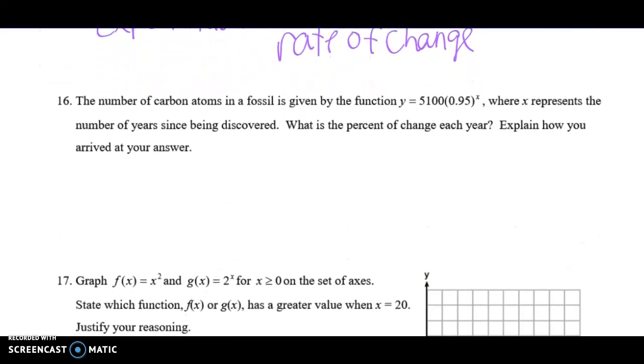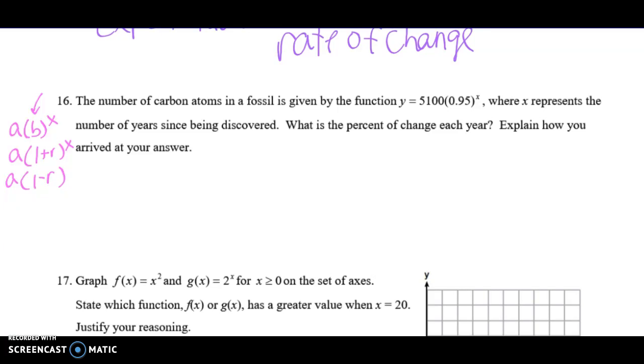16. The number of carbon atoms in the fossil is given by this function, where X is the number of years since it has been discovered. What is the percent of change each year, and explain how you arrived at your answer. So remember, with these exponential functions, we get that A times B to the X format, or A times 1 plus R, or A times 1 minus R. With B, we know it's growth if B is greater than 1, and we know it's decay if B is less than 1.